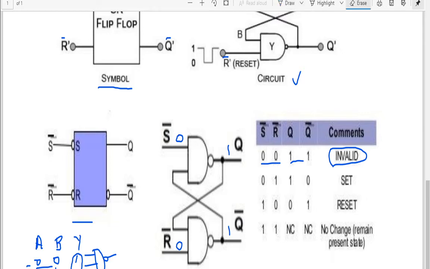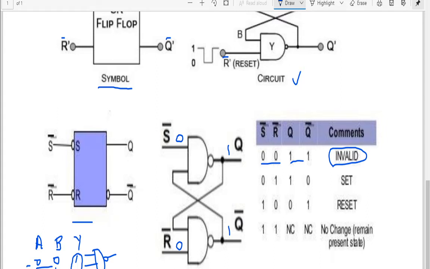Now let us move on to the next state of the truth table. In the first state you can also see that when S bar and R bar are 0, Q is equal to 1 and Q bar is also equal to 1, because when any one of the inputs is 0, the output of the NAND gate is going to be 1.